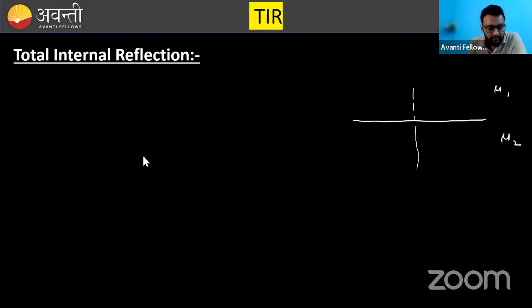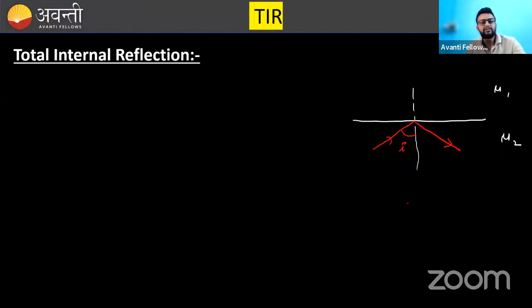Now, I am considering a ray. This is the angle of incidence i. If this angle is more than theta c, then the ray is reflected back in the medium.